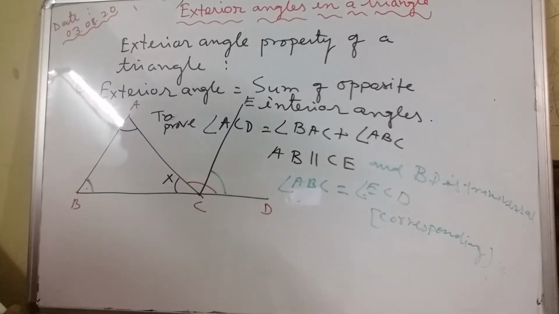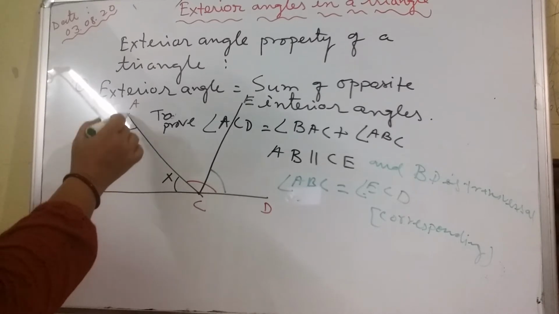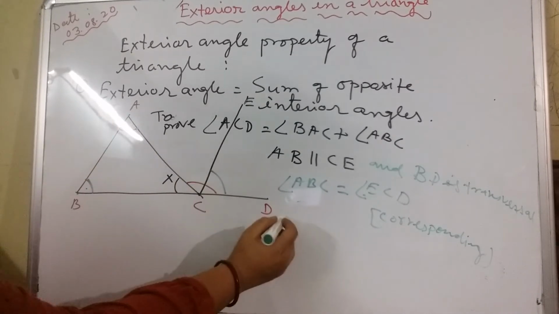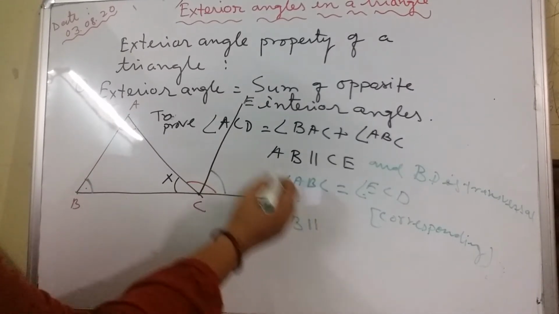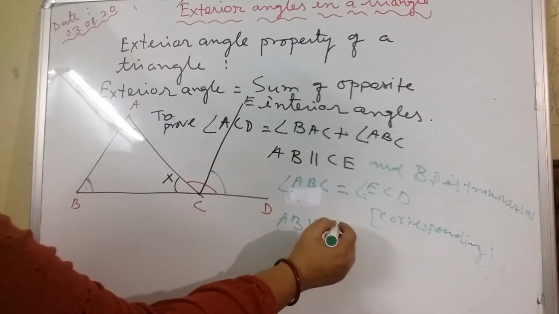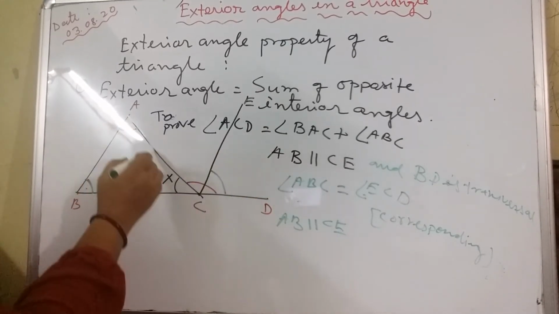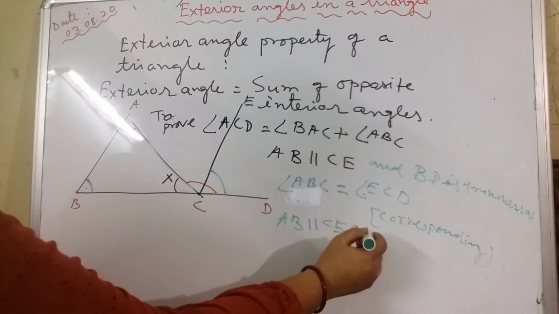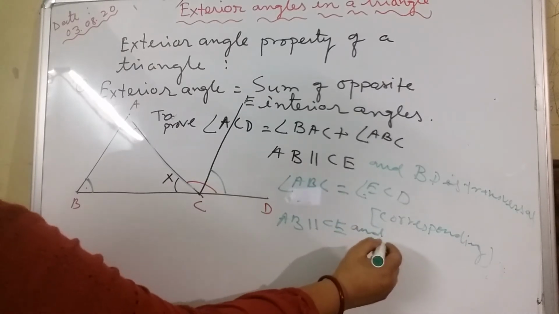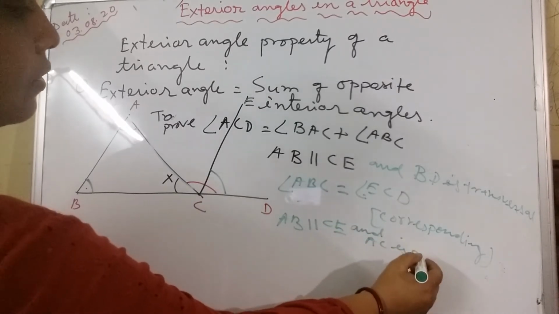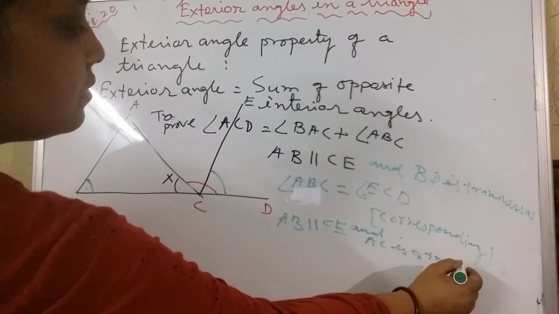Next is this AB parallel to CE and AC is a transversal.